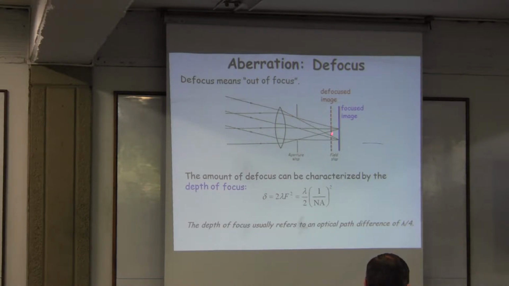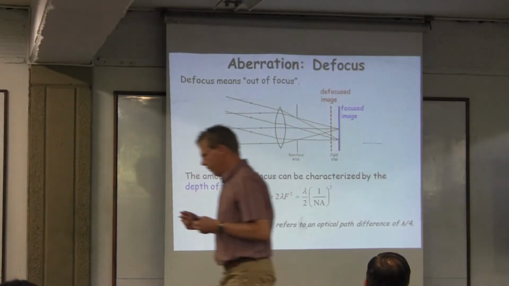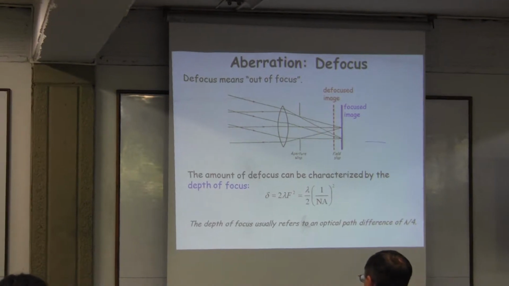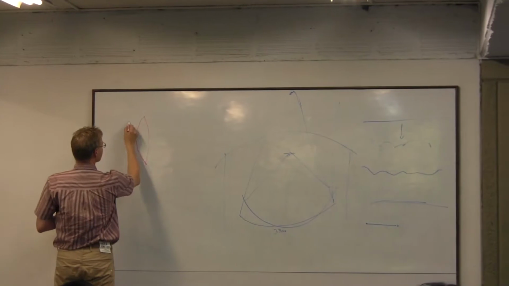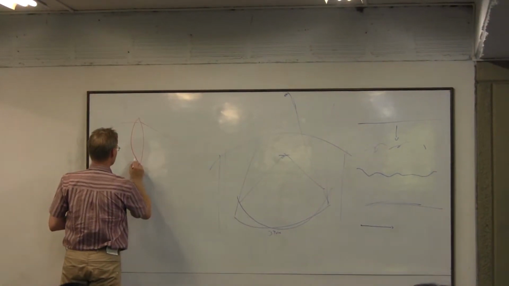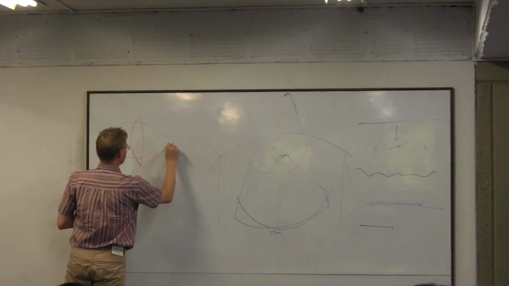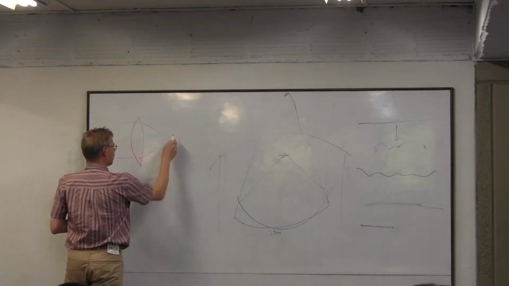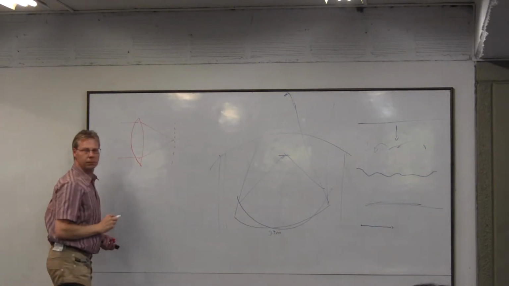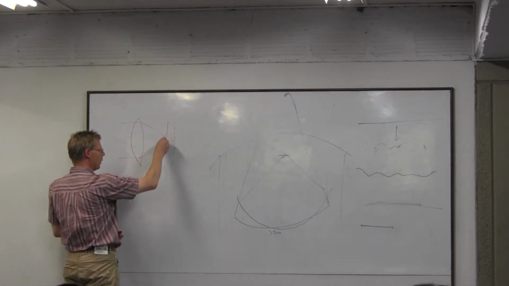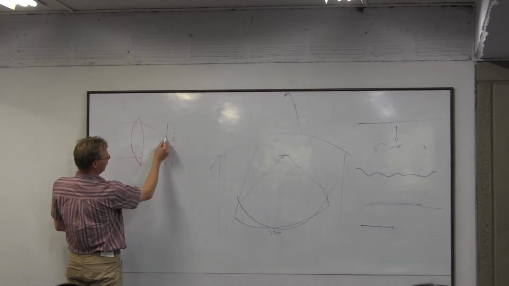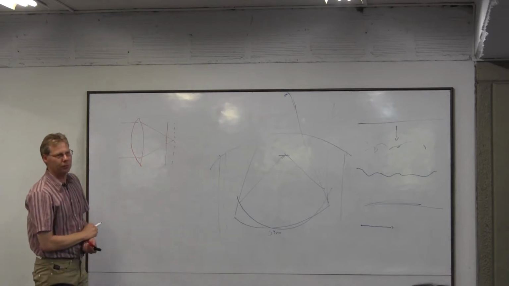And you can see here also why people don't like fast optics, as we said before. If you have a lens with strong curvature, here would be your nominal focal plane. Now unfortunately, if you put your detector here, you have very fuzzy images.